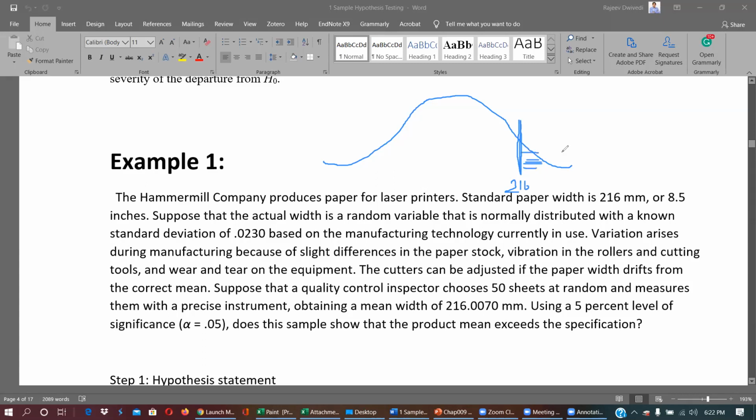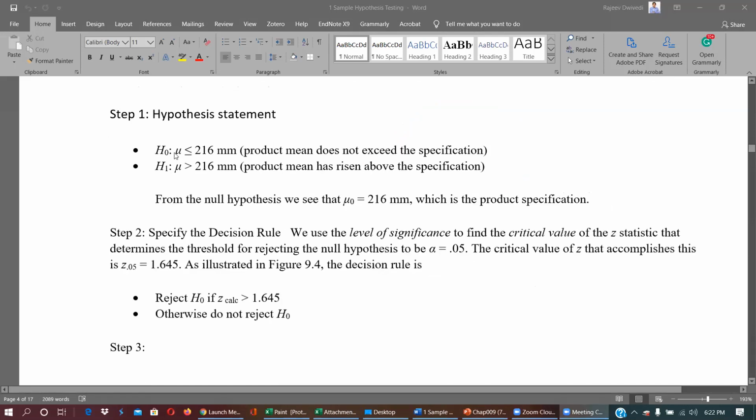Okay, so basically this is not an equal case. Now look into this. The null hypothesis says mu is less than or equal to 216 mm. The alternative says mu is greater than 216 mm. And so look into that. I'm just using Minitab directly.